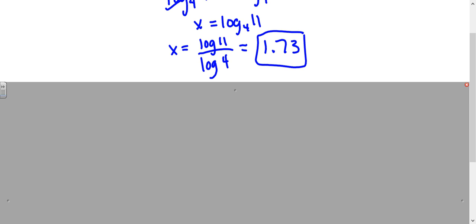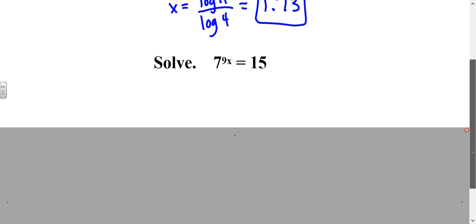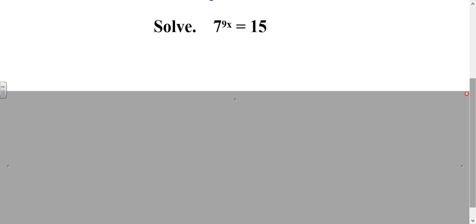Okay, I want you to try another one. So you can feel free to pause the video and try this problem. Okay, so we're trying to cancel out the base of 7. So what cancels out base 7? Well, the opposite of base 7 is log base 7.